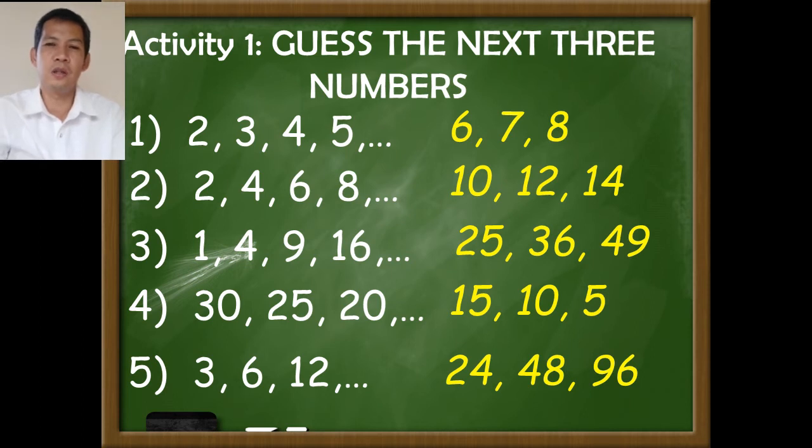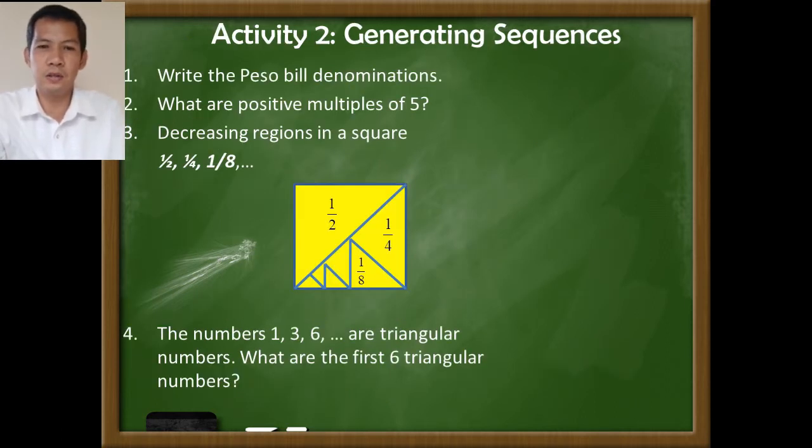For you to illustrate what a sequence is and to generate some, let us do the second activity, generating sequences. In this activity class, we will be writing the peso bill denominations, the positive multiples of 5, decreasing regions in a square where the first 3 regions are 1/2, 1/4, 1/8, and the first 6 triangular numbers.